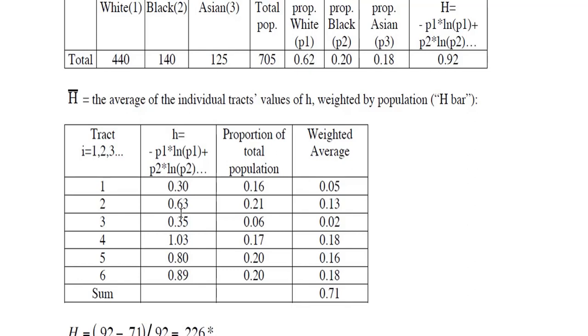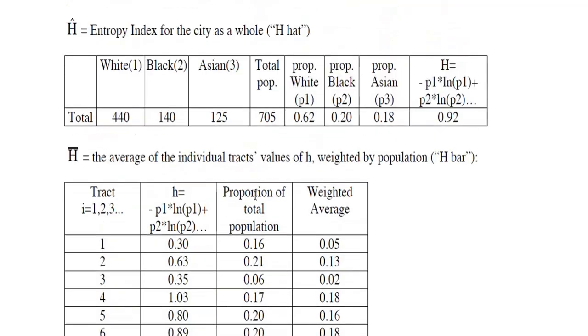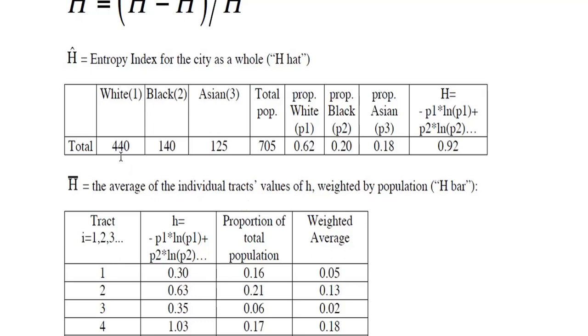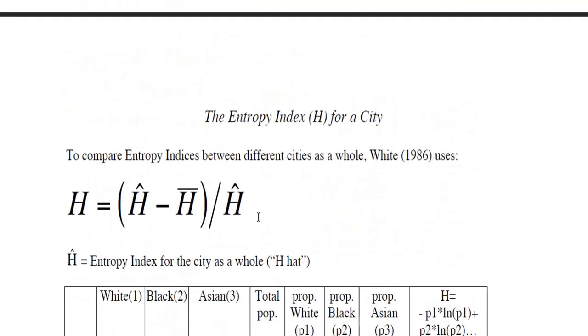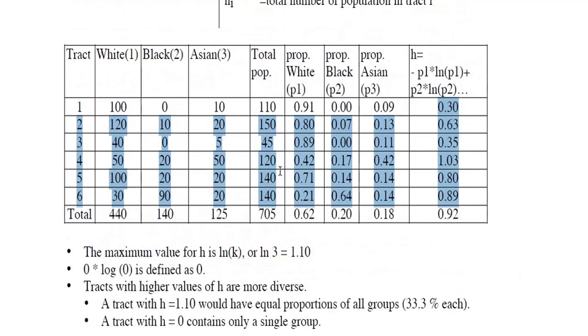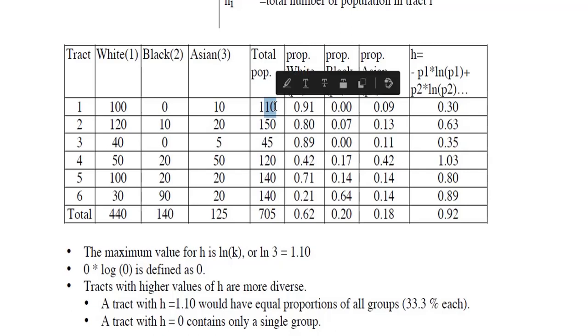Now what we have done is the proportion of total population. Let's say 110 is the total population of tract 1, and the total population of the city is 705.